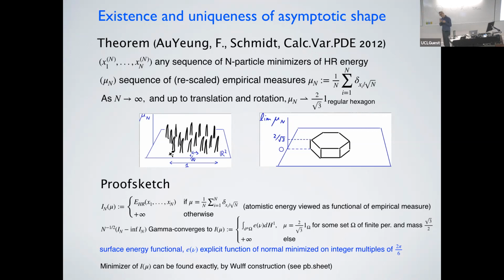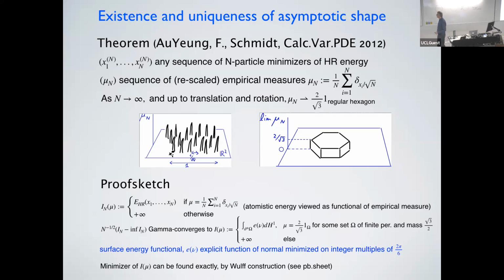So in this case, the limiting mu that Ed was talking about this morning for the confined Riesz gases is really known. It's the characteristic function of a hexagon. This shape wins in the limit because the order n^(3/4) gets killed by the 1/n here. It's too few particles to matter in the limit.